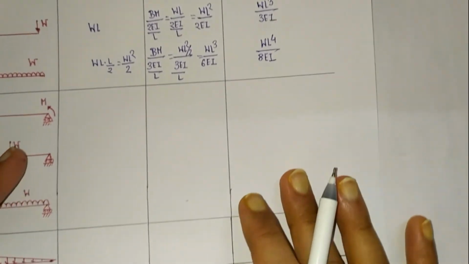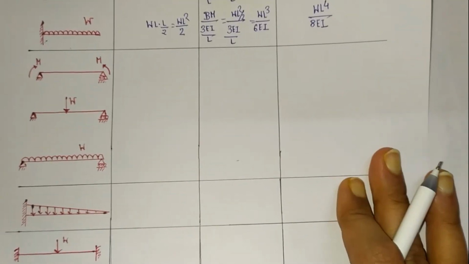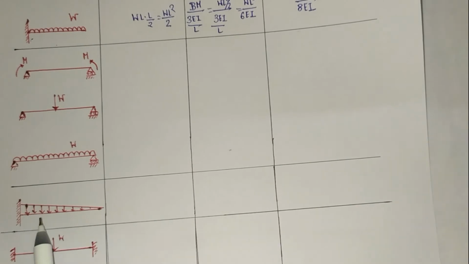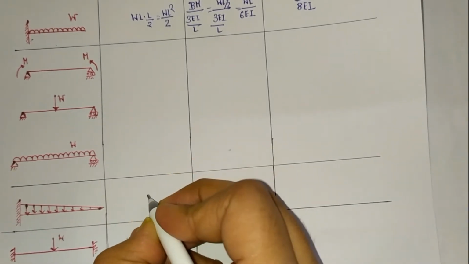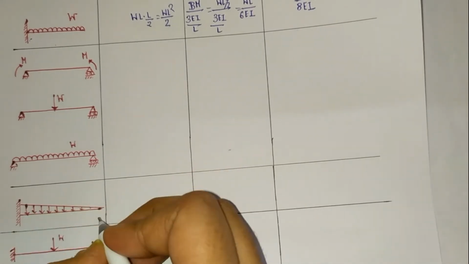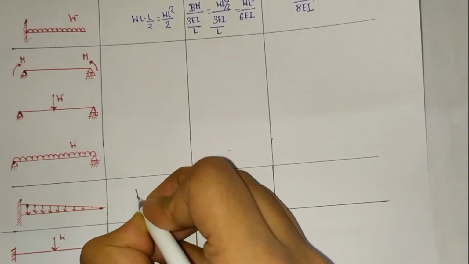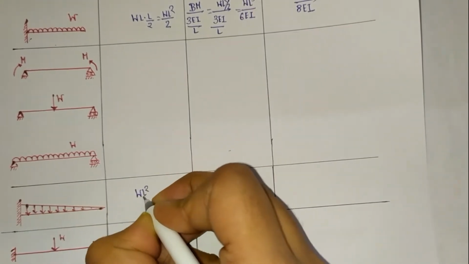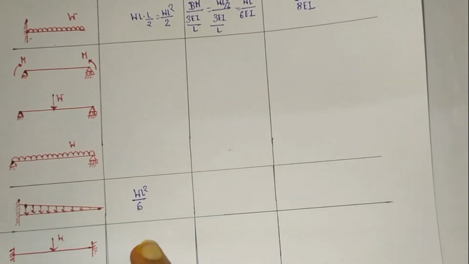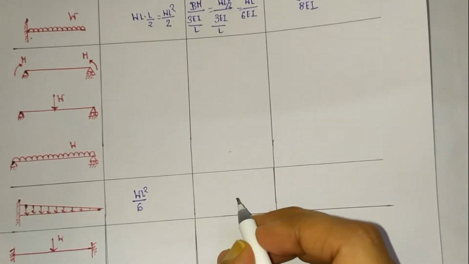Now let us see the case where a varying load is acting on the cantilever beam. What is the formula for bending moment in case of varying load in a cantilever beam? The formula is W L square by 6. Now you have to write the slope value.